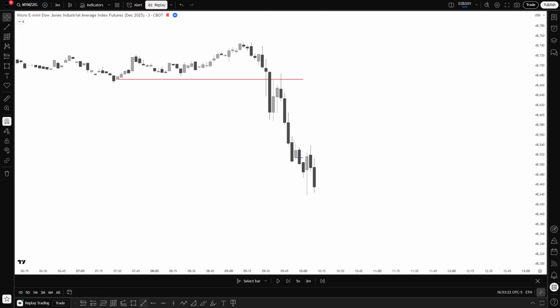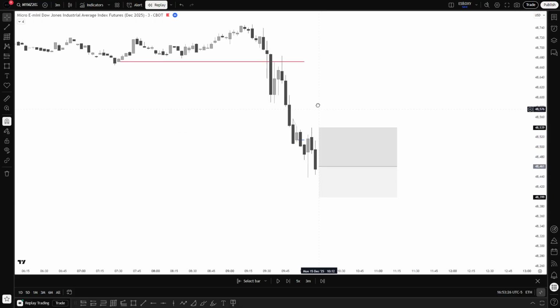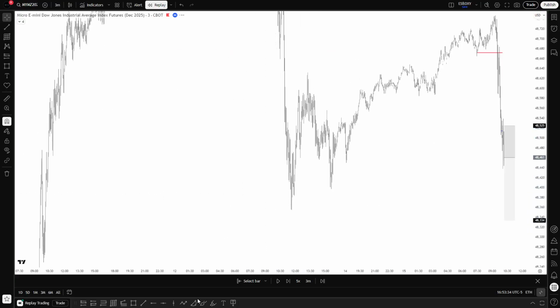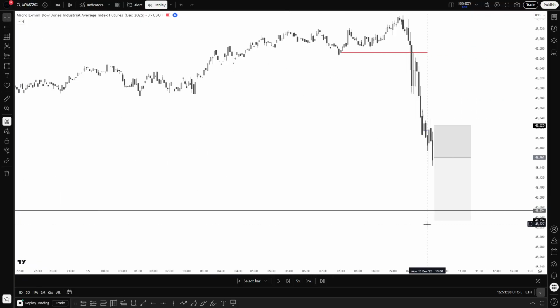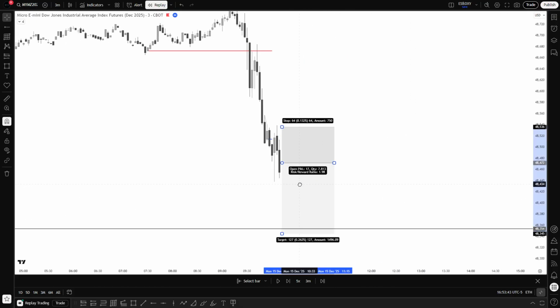I would wait for a retrace. So I retrace, add to over here. Drop it to here. This is the major liquidity for one. So you might take profits beyond the draw on liquidity, so I have to move that up.